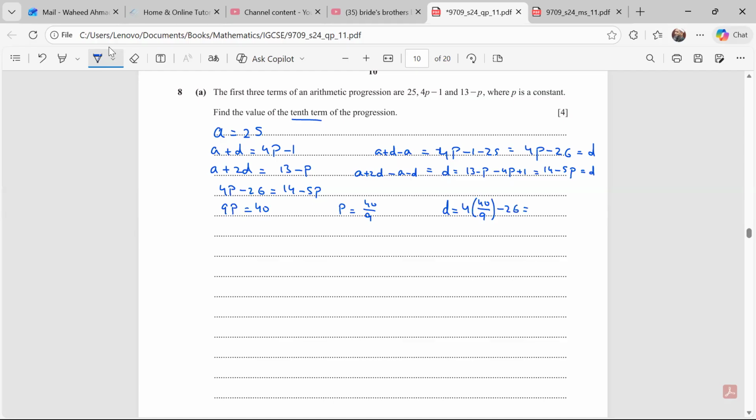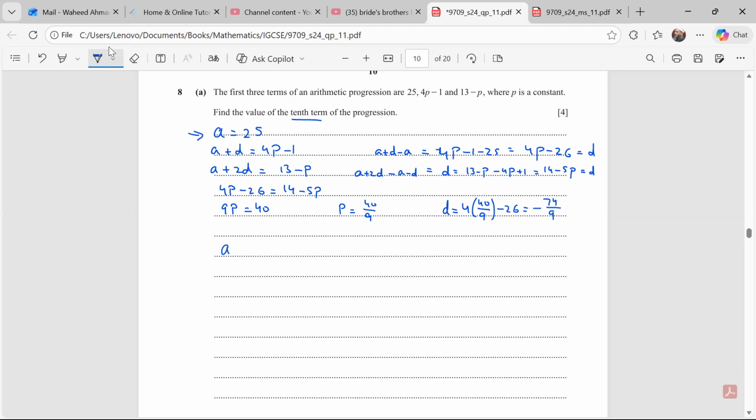Okay, so this gave me the value of d as minus 74 over 9. So now I have everything for this sequence. I know the A and I know the D. Once you know A and D, you can do anything with this sequence.